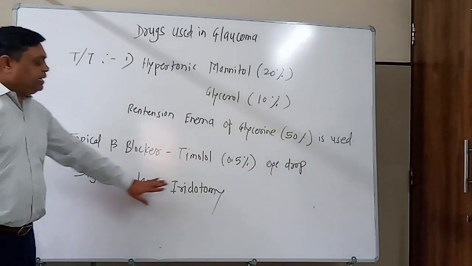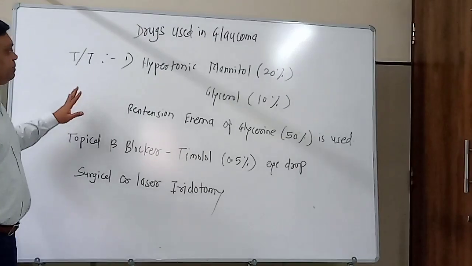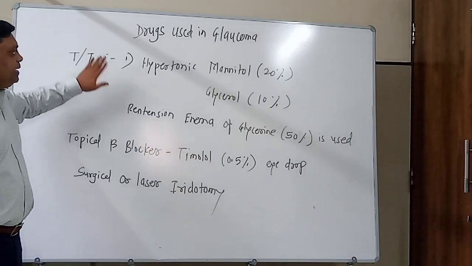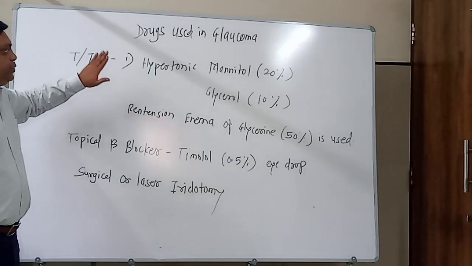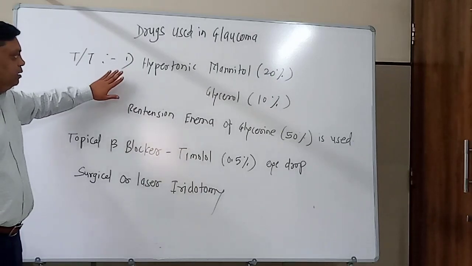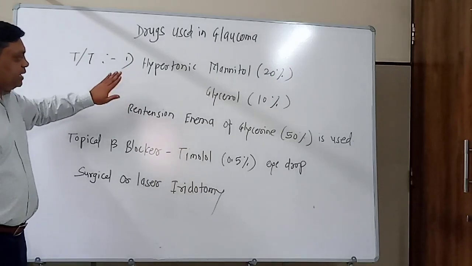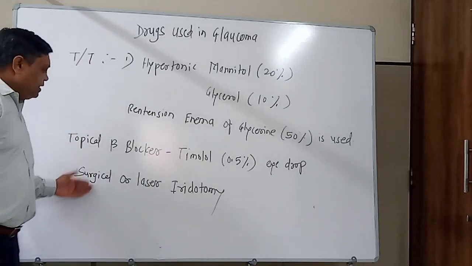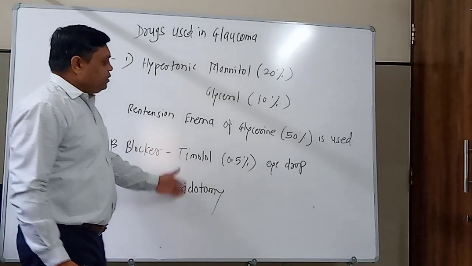Surgical or laser iridotomy is the definitive treatment of acute congestive glaucoma. These drugs are only used to prevent or to terminate the acute attack, but the definitive treatment is surgical or laser iridotomy.